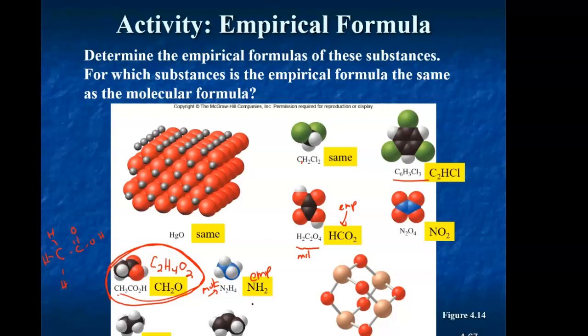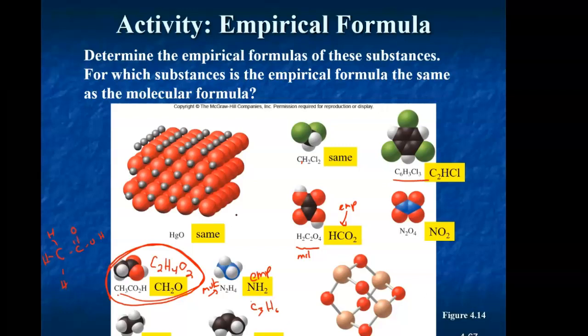Right, so I'm going to write it. So you have to literally just combine them. So there's one carbon, two carbons, three carbons. And then there's 2, 3, 4, 5, 6 hydrogens. So yes, it combines to CH2.